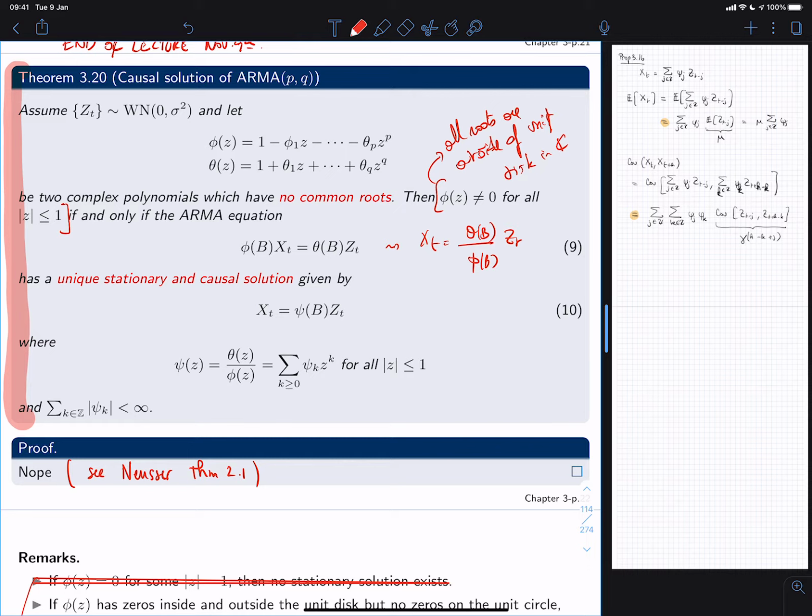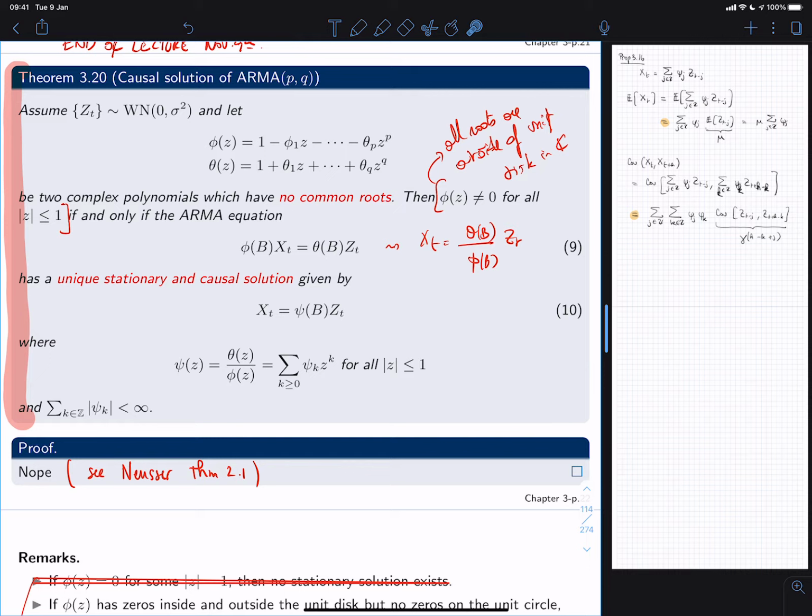Well, then your equation here will have a unique stationary and causal solution. So it's actually very, very easy. If I give you an explicit polynomial ARMA process, it's very easy to determine whether or not you will have an existence of a unique stationary and causal solution.